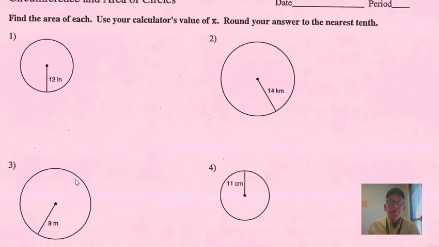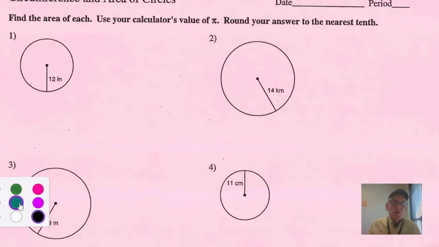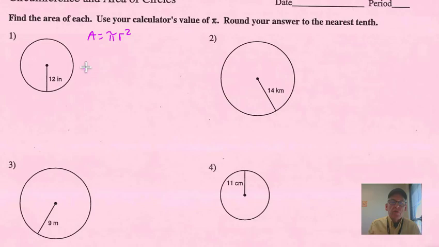Find the circumference and area of each one. Find the area of each, use the calculator's value for pi. So I'm going to use 3.14. So the area is pi r squared. For this one, the area is going to be 3.14 times 12 squared, which is 144.